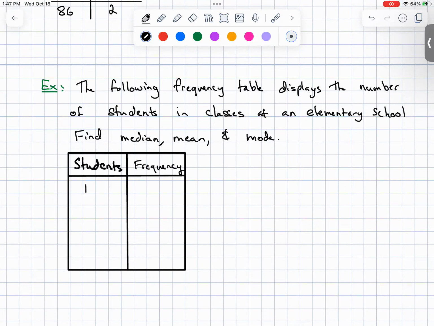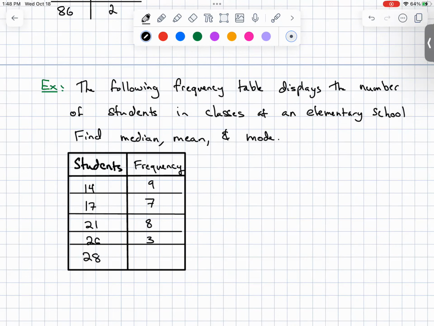So classes with 14 students, there are 9 of them. 17 students, there are 7 of them. 21 students, there are 8 classes with 21 students. 26 students. And 28 students, there's 2 of them.